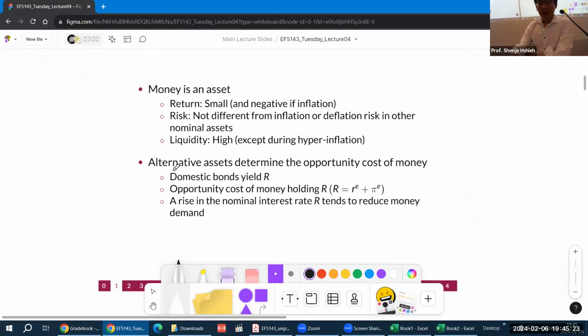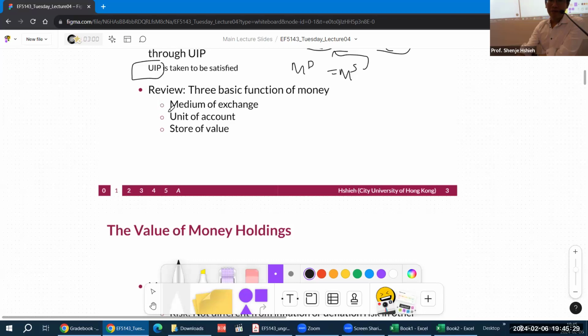All right, so I don't think I need to talk much about money, right? You know why money has value. Medium of exchange, this means you can use money to trade goods and services. It's a unit of account. You can compare value between goods and services, etc., and it's a store of value, right? And as a government, you want to have the ability to issue your currency.